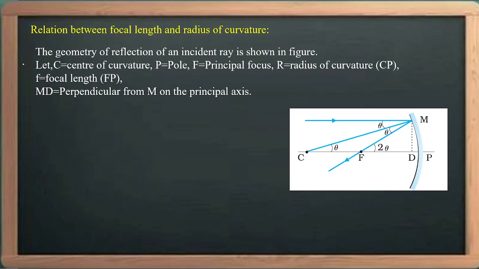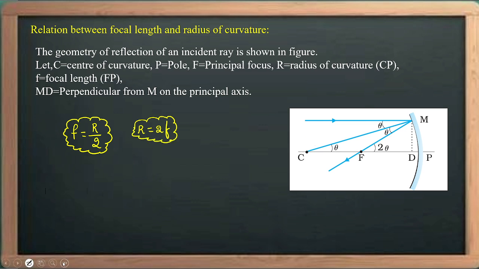So then we have the next formula, that is the relation between the focal length and radius of curvature. So that is given by f is equal to R divided by 2. Focal length is half of the radius of curvature. It may be mirror or lens, and radius of curvature is 2 times the focal length.